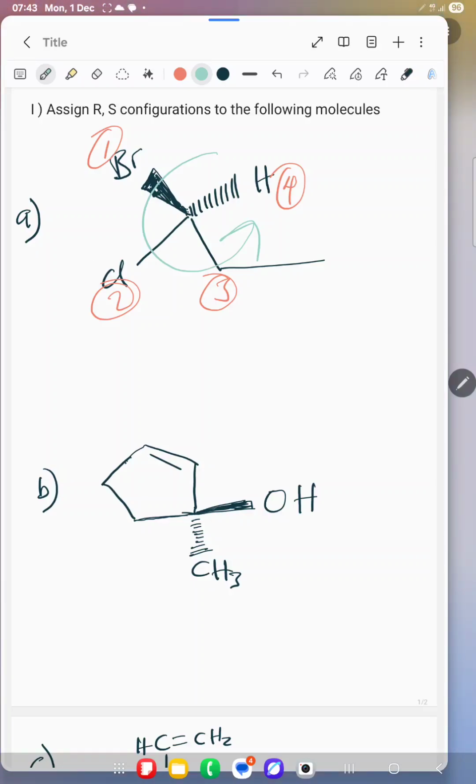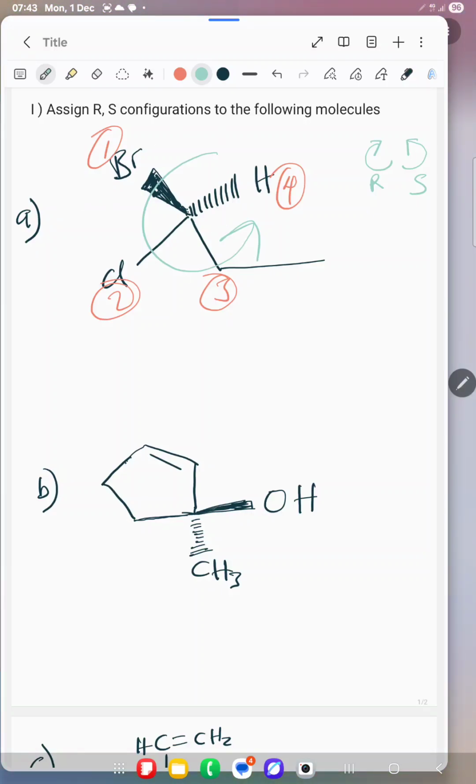If the direction that you are taking is clockwise, then it becomes an R, and when it goes anti-clockwise, then it becomes an S.